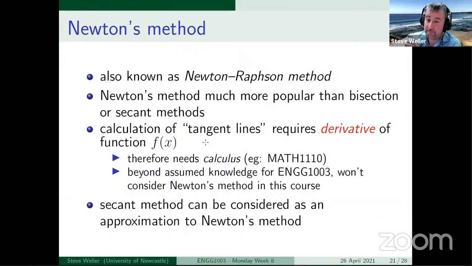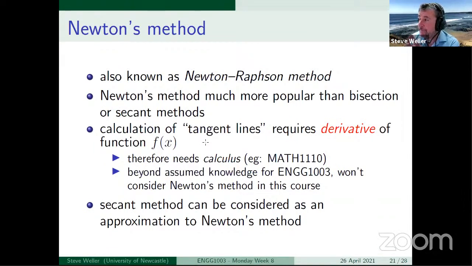Now, for simple problems like the one we're working with in this, the volume and the truncated cone, finding the derivative is very straightforward if you know a little bit of calculus. For more complicated forms of f, computing the derivative can be really hard. So there are approximate methods, and they effectively amount to the Secant method.